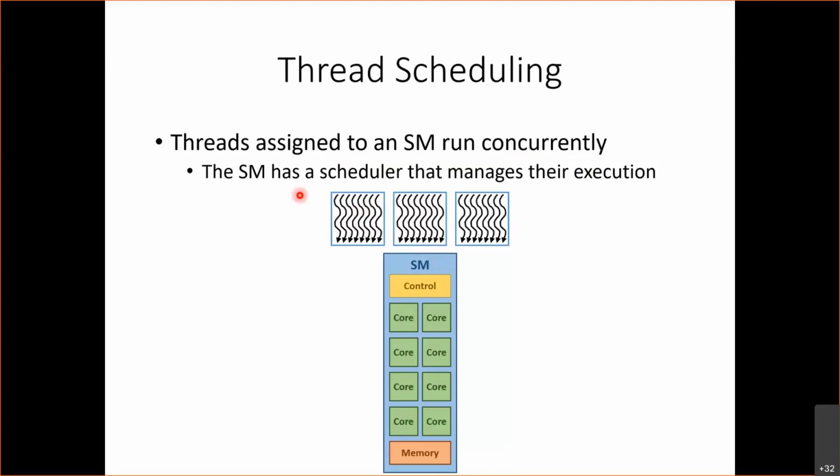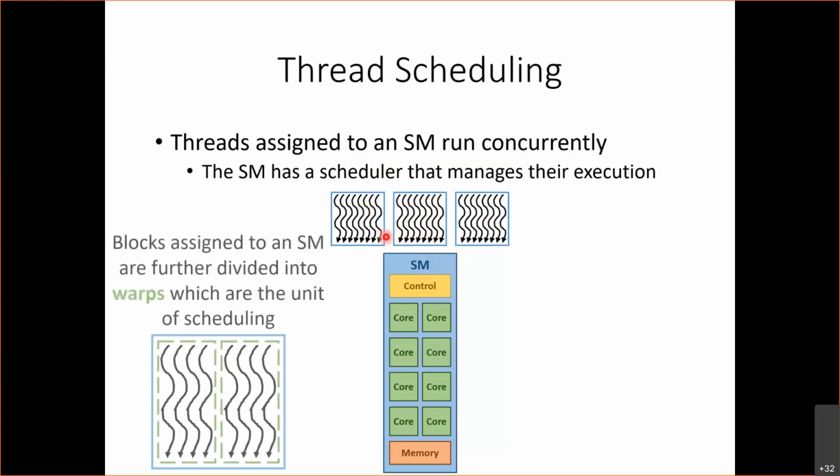Now, when the blocks are scheduled on the SM, they are further divided into units called warps. Warps are the unit of scheduling on the SM. So when I assign these threads to execute on these cores, I schedule them in units of warps.